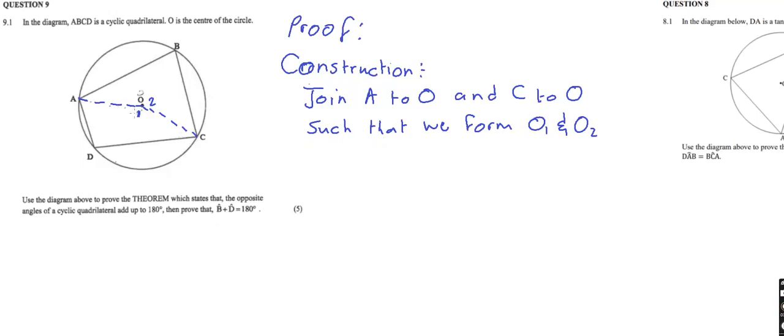And now we can start using the theorems. O1 is an angle at center, which is supposed to be twice this angle on the circumference, B. So O1 is going to be 2 times B. And your reason is angle at center equals 2 times angle at circumference.